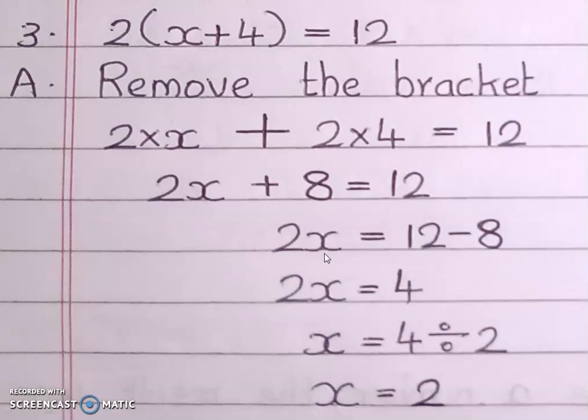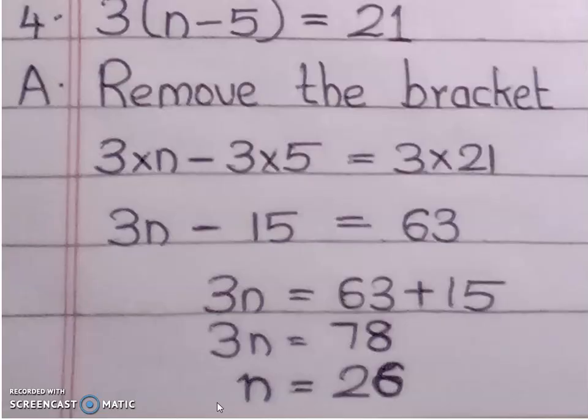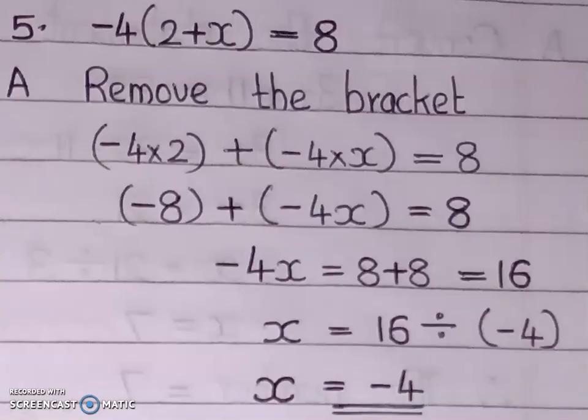Minus 8. 2x is equal to 4. x is equal to 4 divided by 2 and the final answer is x is equal to 2. Clear?